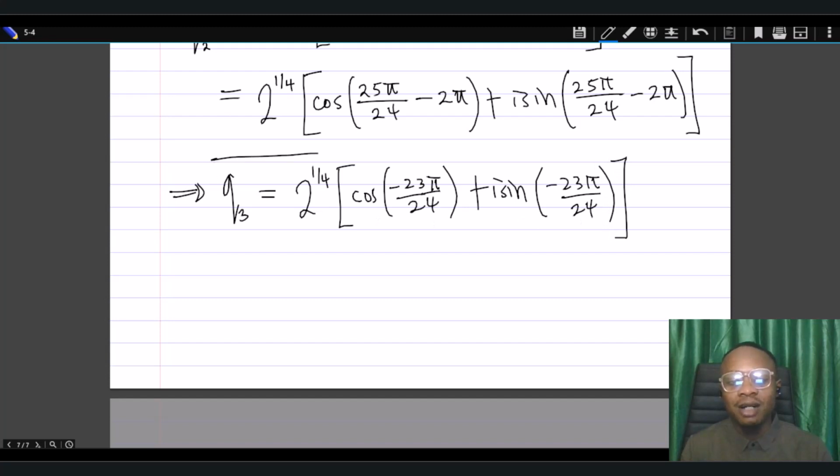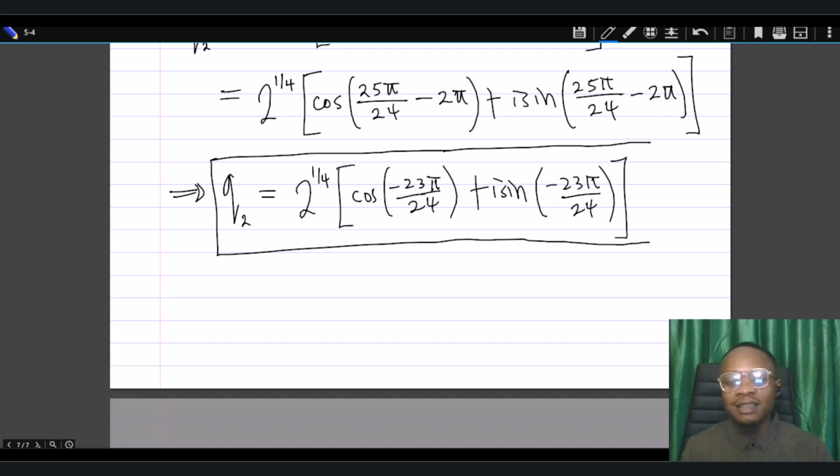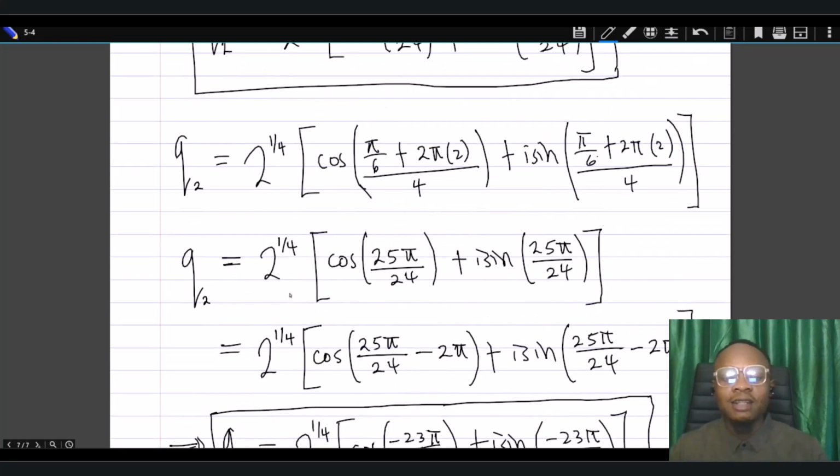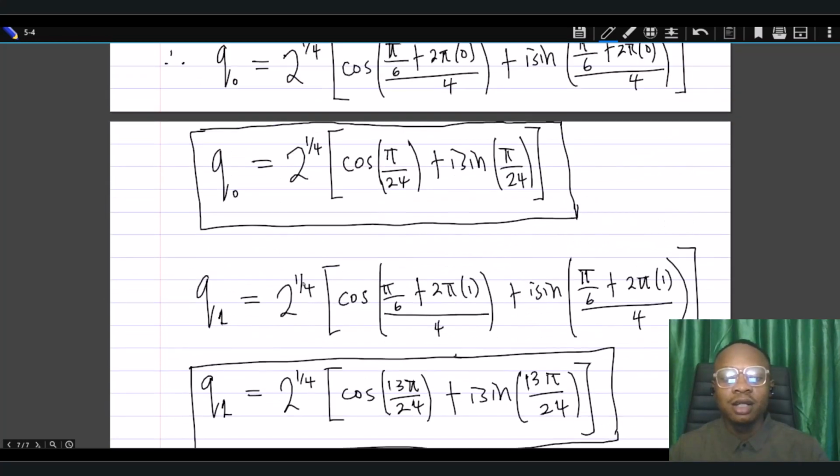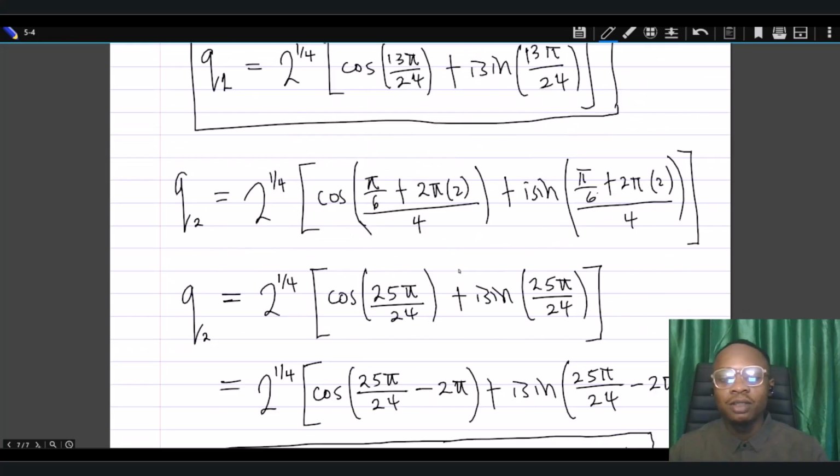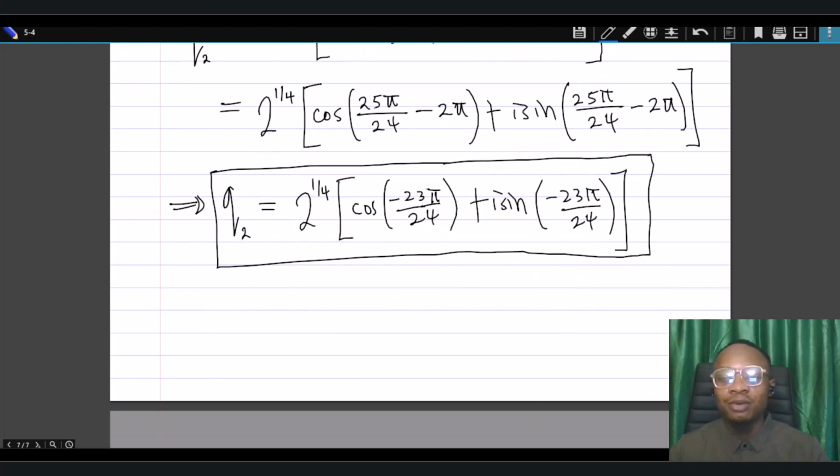That will be our third result for the fourth root of root 3 plus i as given in the problem statement. Then we have to get the fourth one now. This is the first one, this is the second one, this is the third one. We know we should have four roots of a complex number.